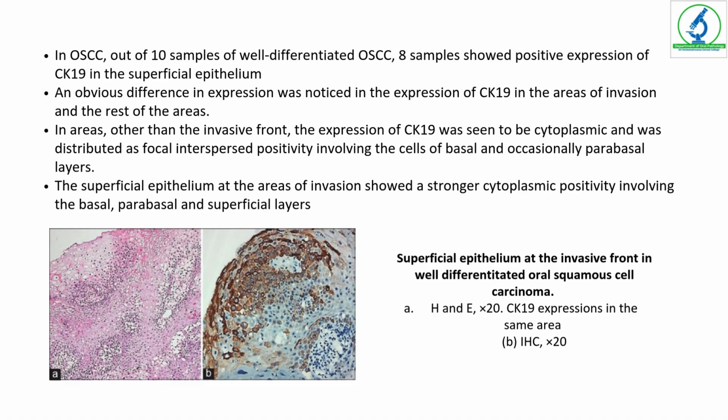The superficial epithelium at the areas of invasion showed a stronger cytoplasmic positivity involving the basal, parabasal and superficial layers. Superficial epithelium at the invasive front in well-differentiated oral squamous cell carcinoma. H&E, 20x.